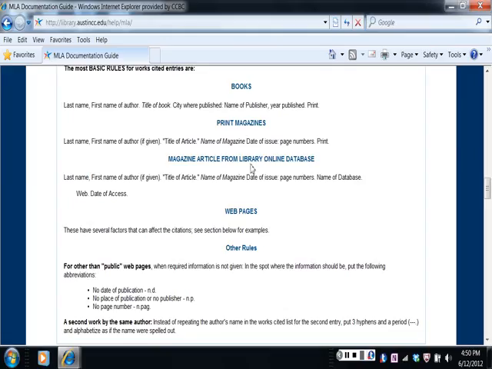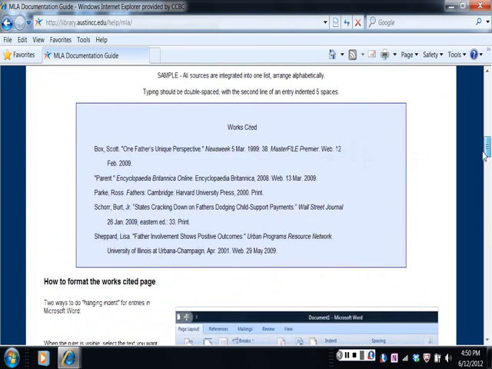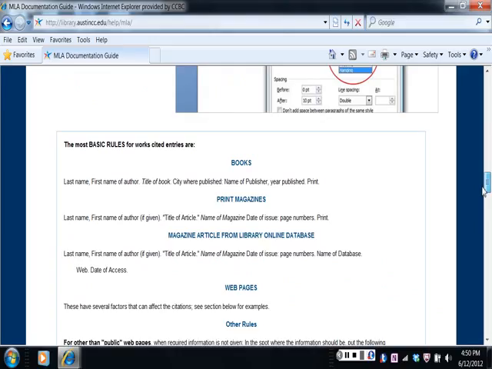Print magazines. Now, when you get a magazine article from a library online database: last name, first name of author, if there is an author, the title of the article in quotation marks, the name of the magazine. This is the one we just looked at. The name of the database, the date of issue, and the date of access. No URL.